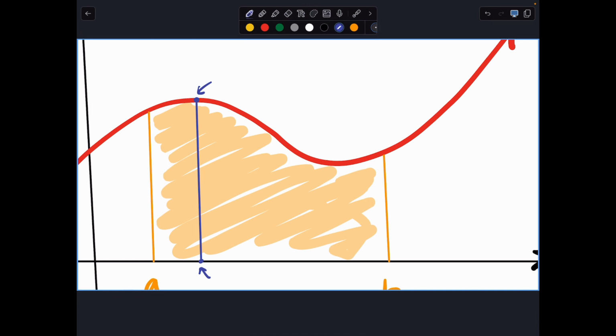What's the function value down here? 0. Because what's an equation that could represent the x-axis? Y equals 0, exactly. Y equals 0.